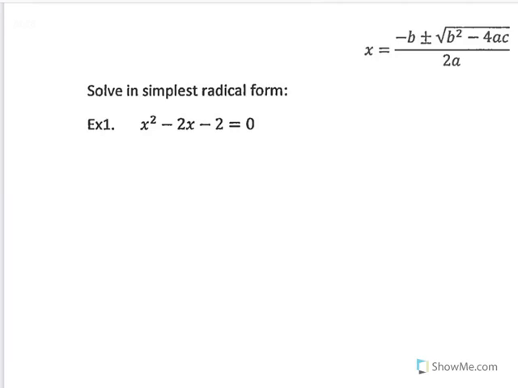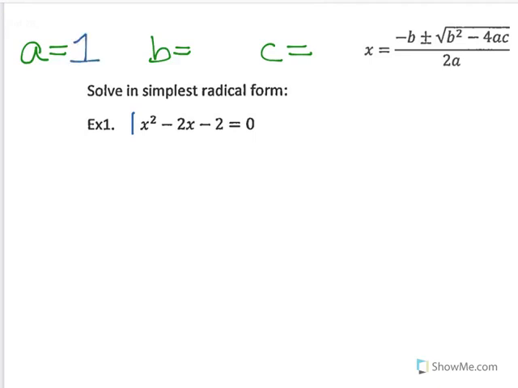And what we're going to do is start by figuring out what is our A, what is our B, and what is our C. So, hopefully you remember that A is always the term in front of x squared. And if nothing is written in front of x squared, then our A is 1.